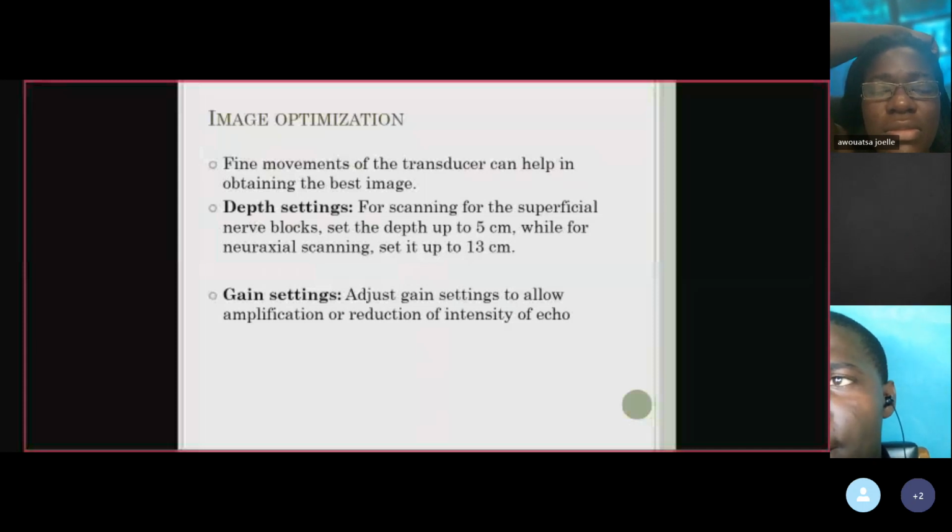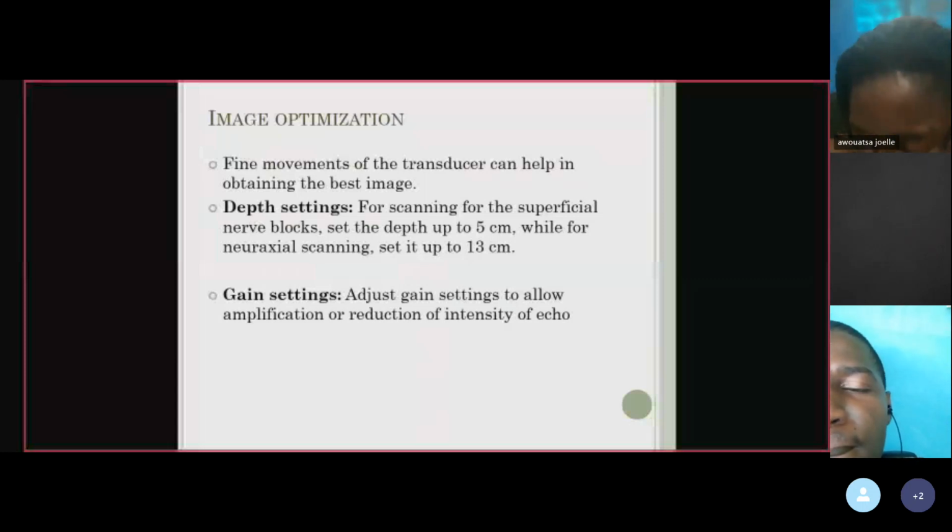It will be 1 to 6 centimeters, so we have to keep it at 2 or 3 centimeters. Okay. But for abdominal scanning, we will keep it at 12 centimeters, because the depth can be adjusted up to 30 centimeters.